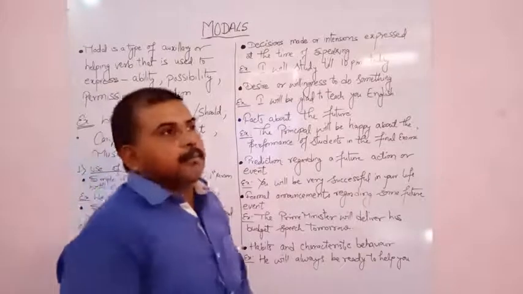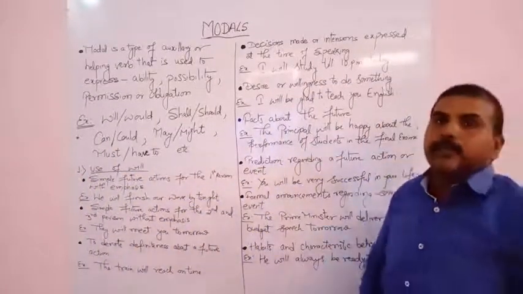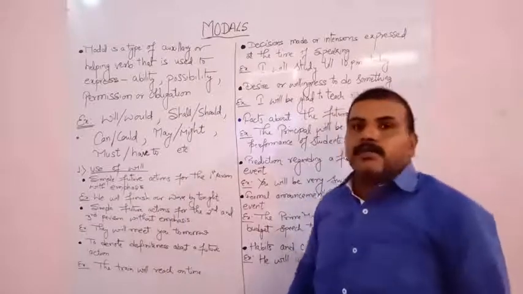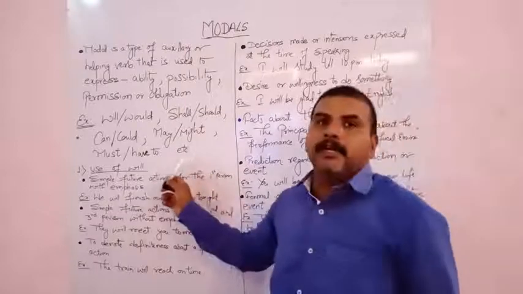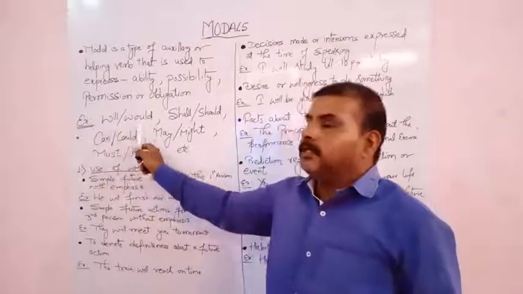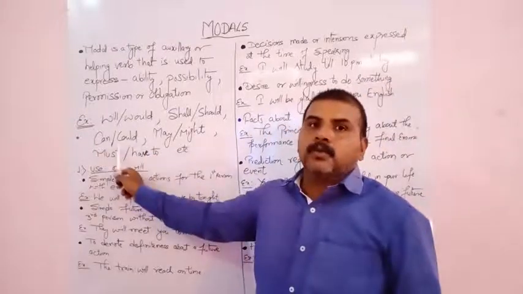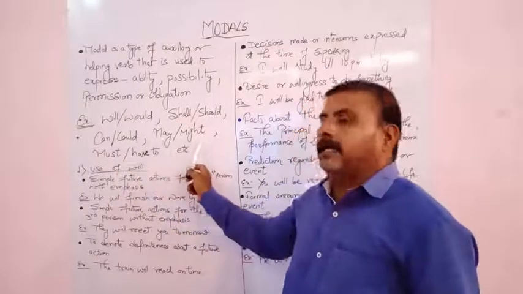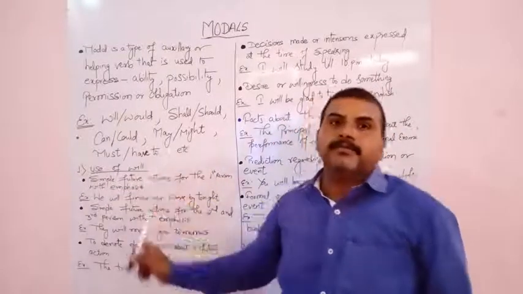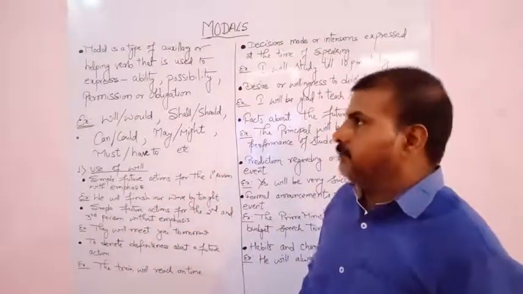Such a type of helping verb or auxiliary verb we call a modal. A few examples of modals are given here: will, would, shall, should, can, could, may, might, must, have to, like this. So these are the words that denote modals.